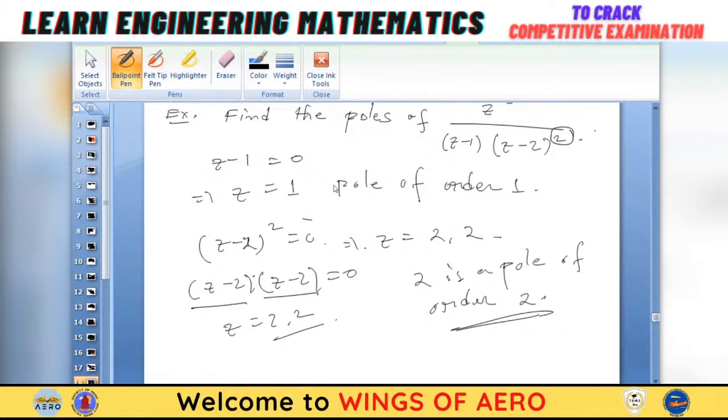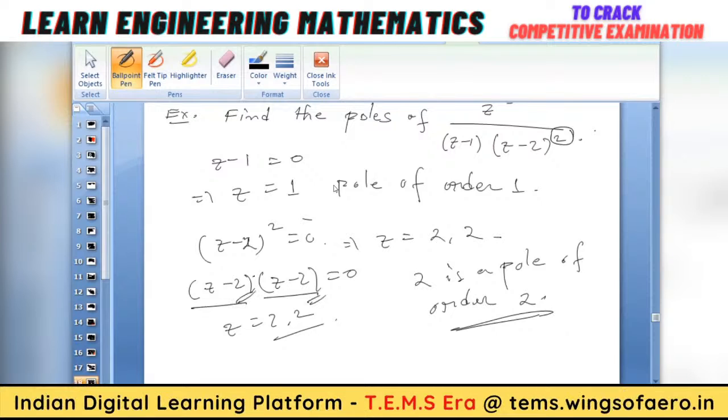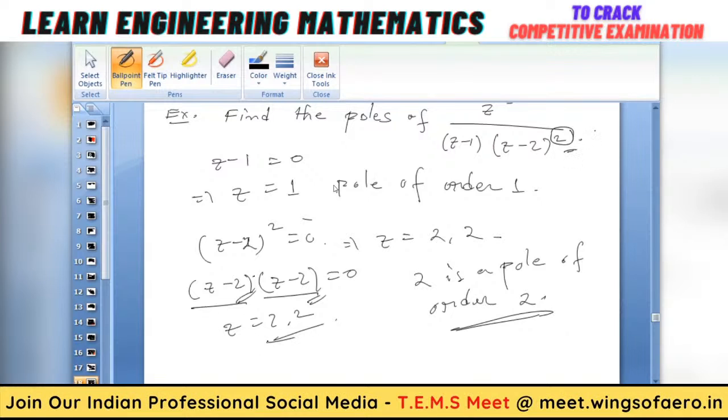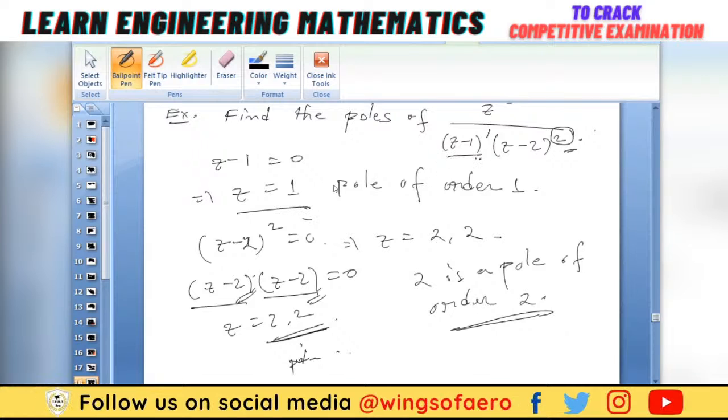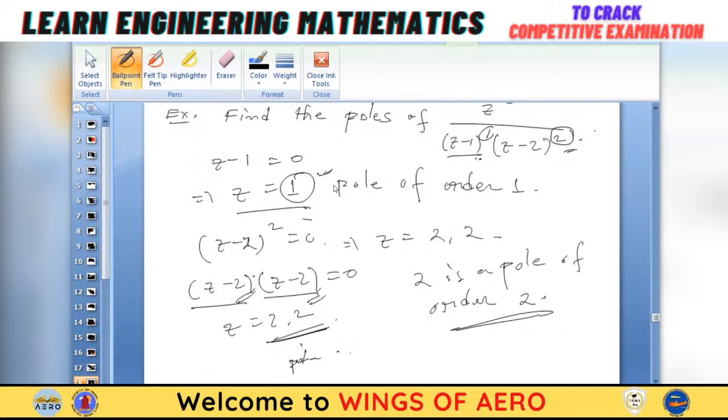I know it is z minus 2 only, but how many 2's am I getting? This is the definition of poles. If the power is square and you are getting two 2's, then it is called a pole of order 2. If there is only one, like z minus 1, the power is 1, you are getting only one 1, then it is a pole of order 1.